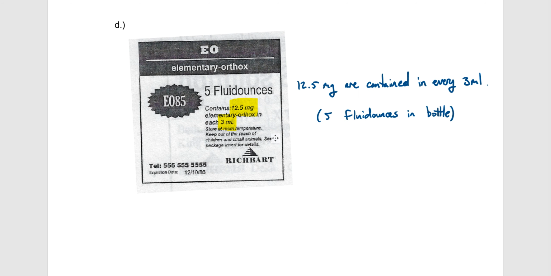And for this one right here, we have 12.5 milligrams for every 3 milliliters. And then I also jotted down here that there's 5 fluid ounces in that full bottle.